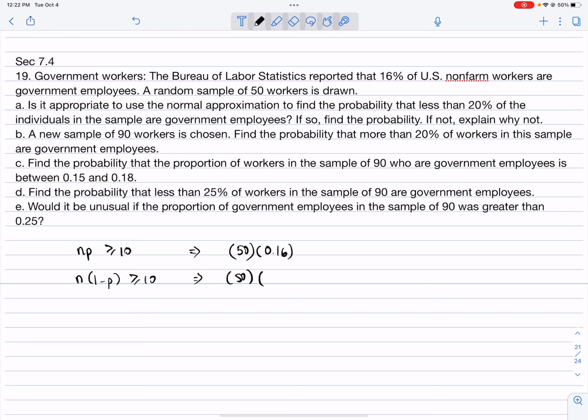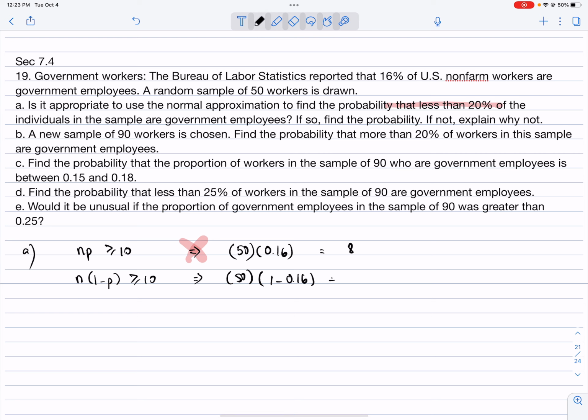So the first one, we have 50 multiplied by 0.16 is 8. This is not greater than 10. So we cannot apply the central limit theorem, so we cannot find the probability that less than 20% of the individuals.